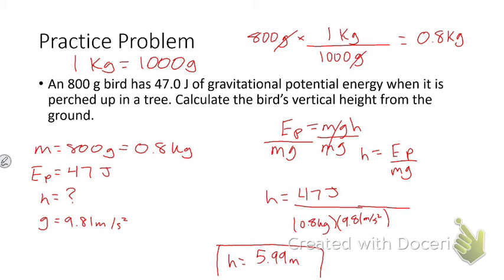Yeah, perfect. You need to have everything in kilograms and meters per second for this formula to work. Otherwise, if you have a gram meter squared per second squared, it's not a joule. A joule is a kilogram meter squared per second squared. So if you divide a joule by a kilogram meter per second squared, you'll be left with meters.